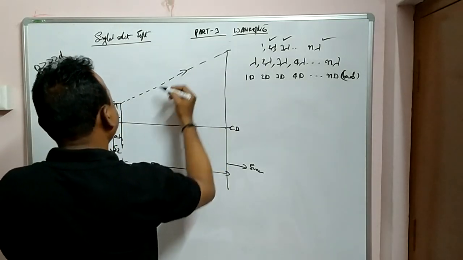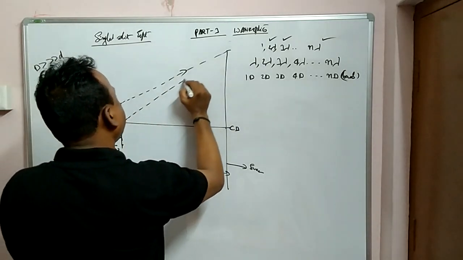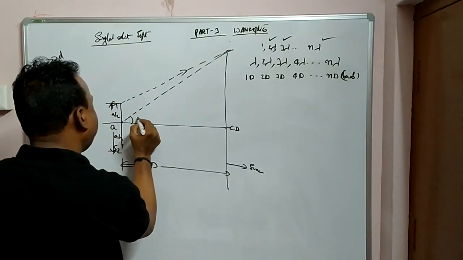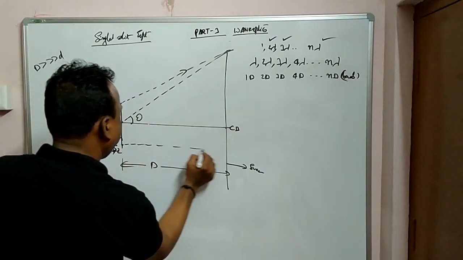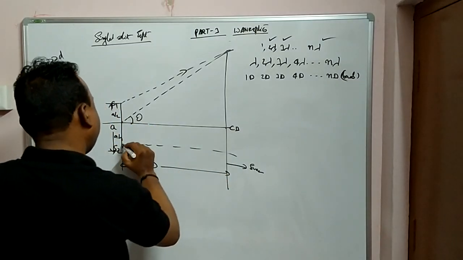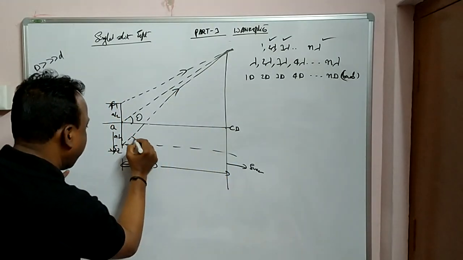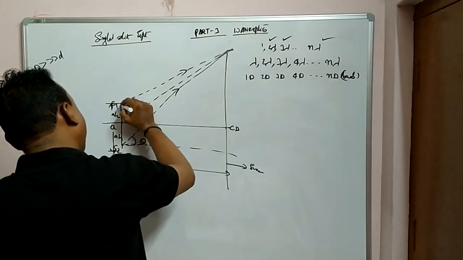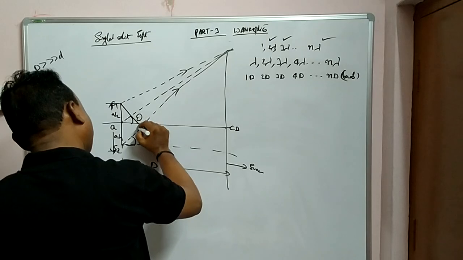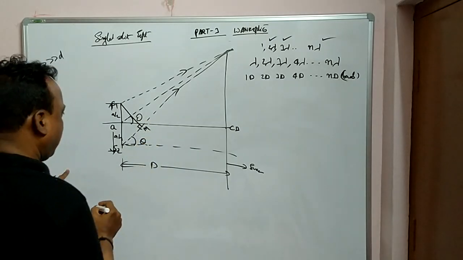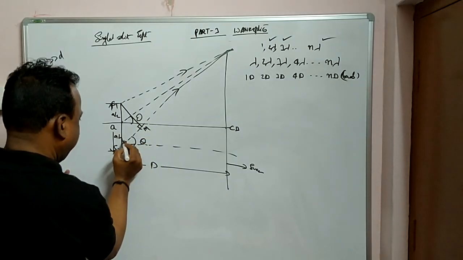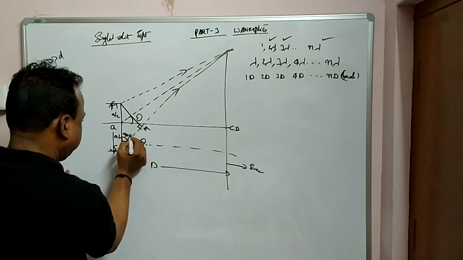So this was the light coming. This is from the center. This was angle theta. Another parallel line we have assumed here. So here once again one more light ray meeting here. This is angle also theta. We have dropped a perpendicular here named M. Okay. And this was total 90 and this was 90 minus theta.